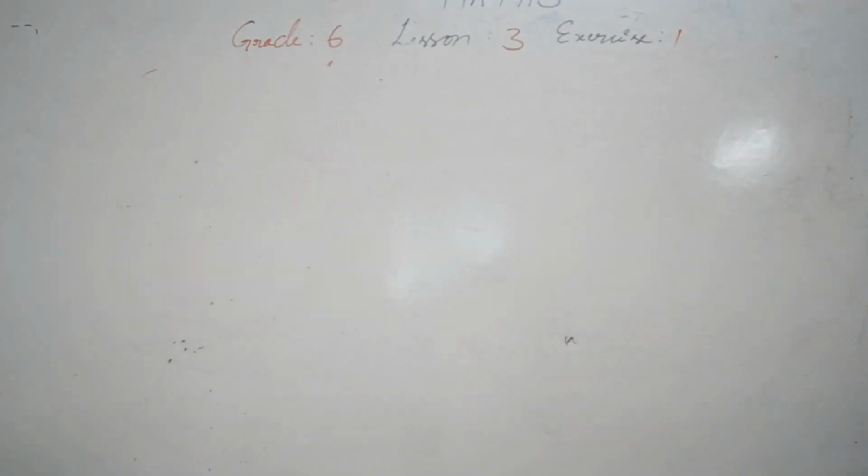Now we are going to exercise 3.1. Which of the following numbers are divisible by 2, by 3, by 6?